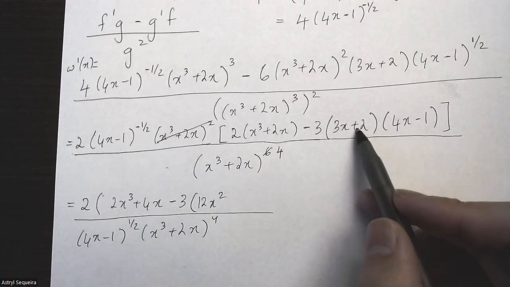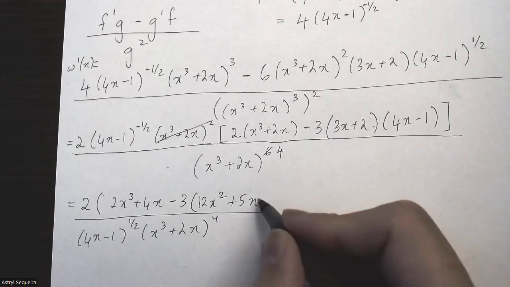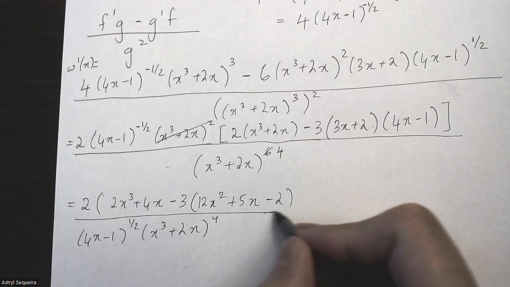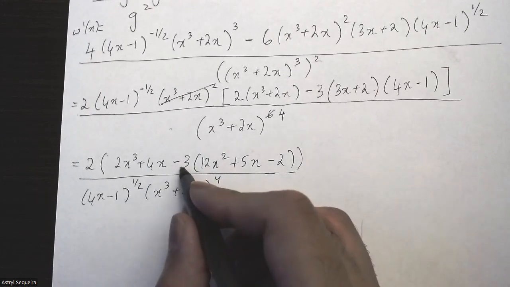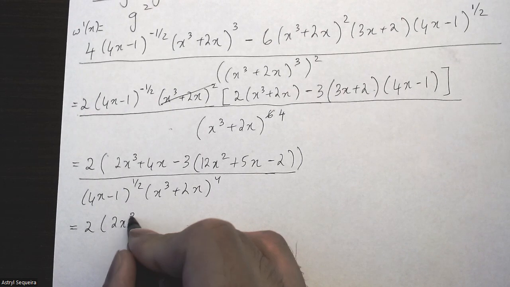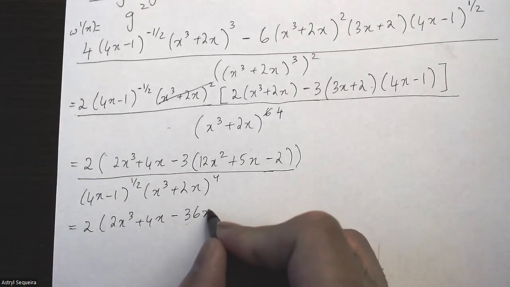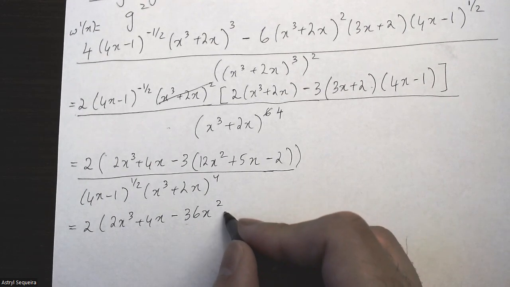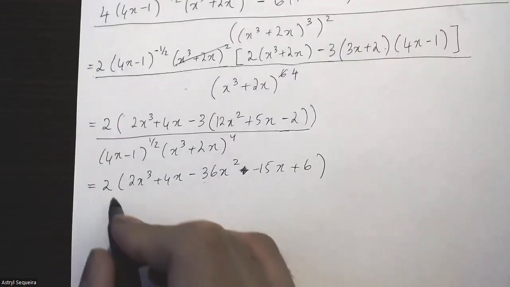It's going to be minus 3x plus 8x, which is plus 5x minus 2. Then I just need to expand out this bracket by multiplying this negative 3 in here. So 2x cubed plus 4x minus 36x squared, minus 15x plus 6.